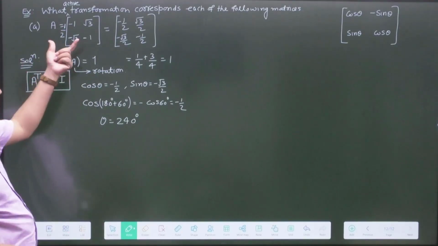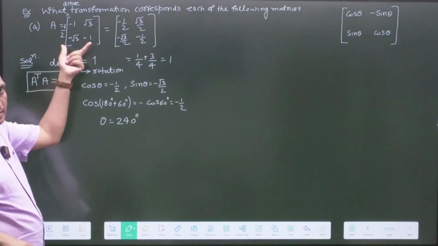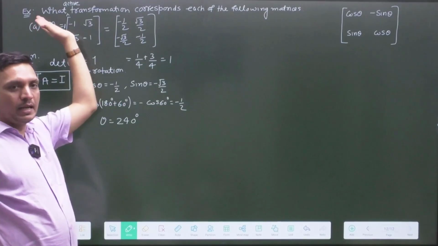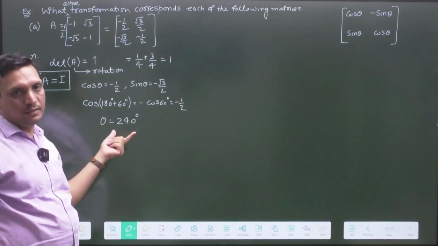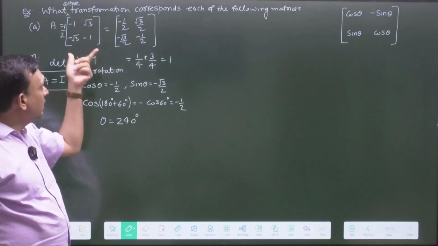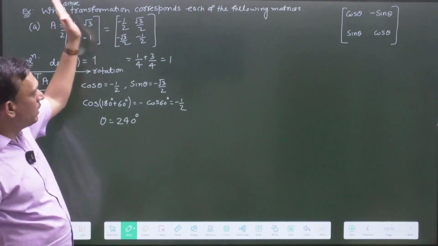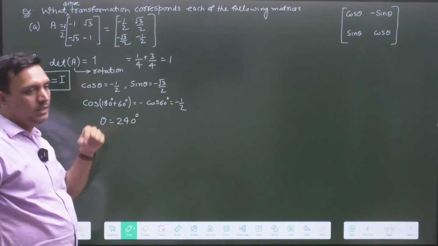It means if you operate this matrix on a vector, it will rotate the vector in anti-clockwise direction by 240 degree.